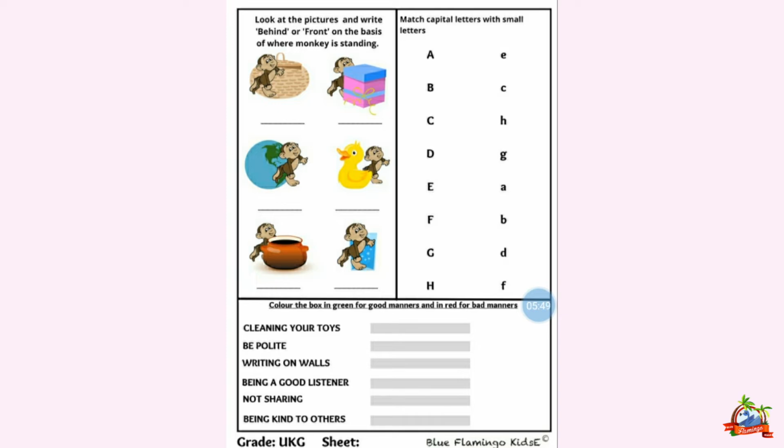Yeah, so let us revise A to Z alphabet with words and their spelling. Okay. A for apple. APPLE, apple. B for ball. BALL, ball. C for cat.